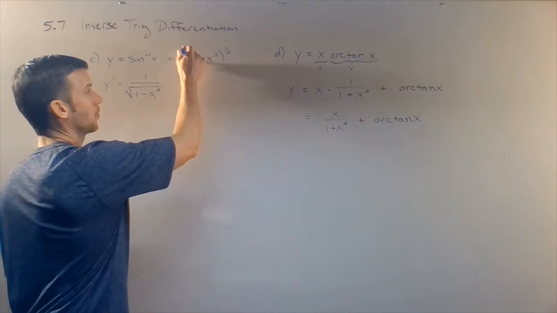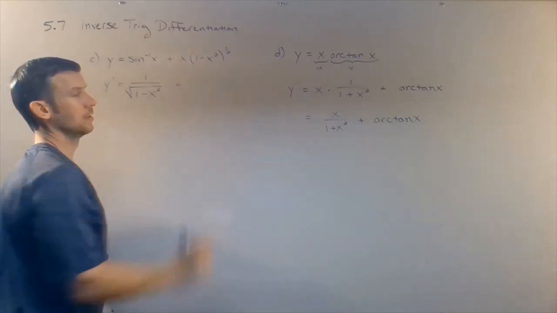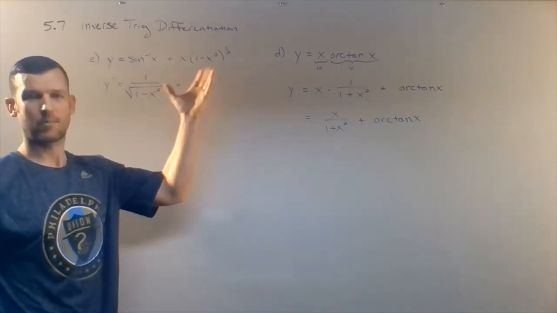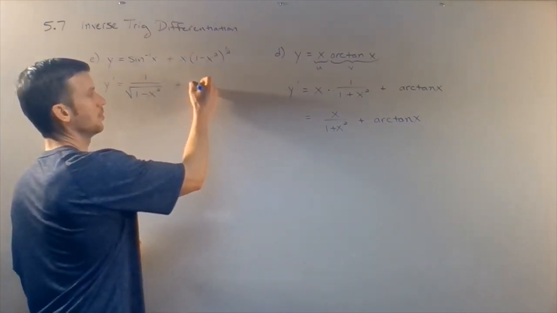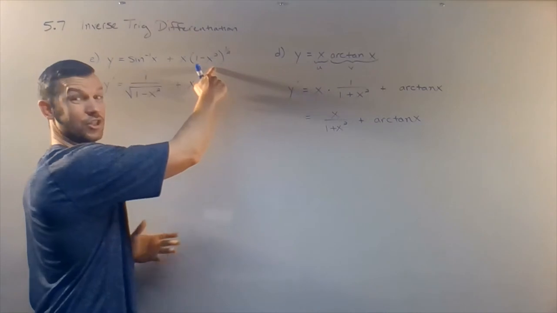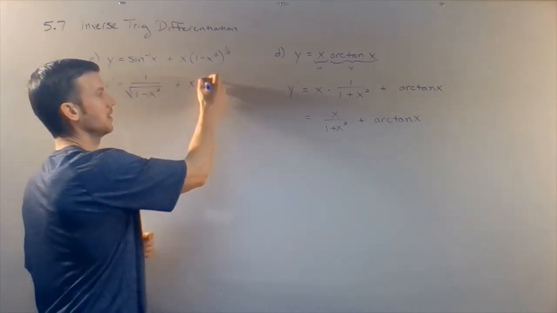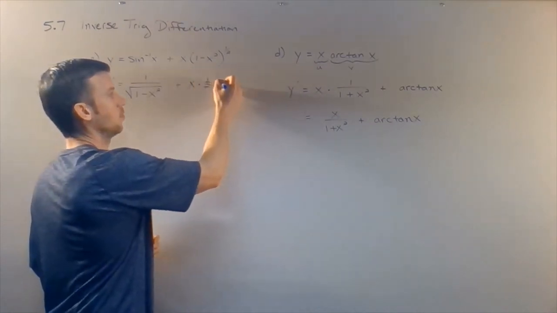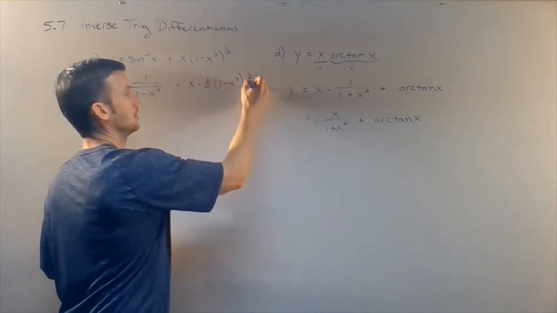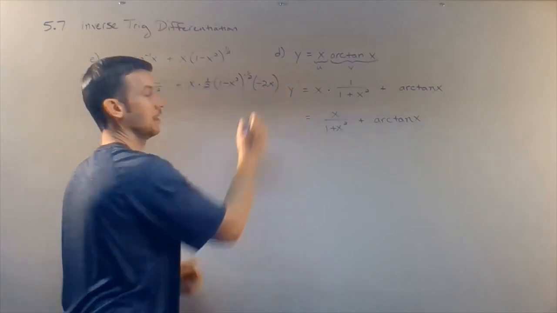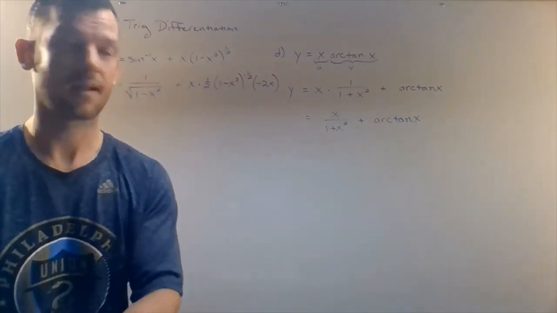The second piece is a product of two functions. So I'm going to use my product rule there. So it's the first times the derivative of the second. I need the chain rule. Derivative of this is 1/2 times 1 minus x squared to the negative 1/2 times negative 2x. And I'm running out of room, so I need to erase that other problem.